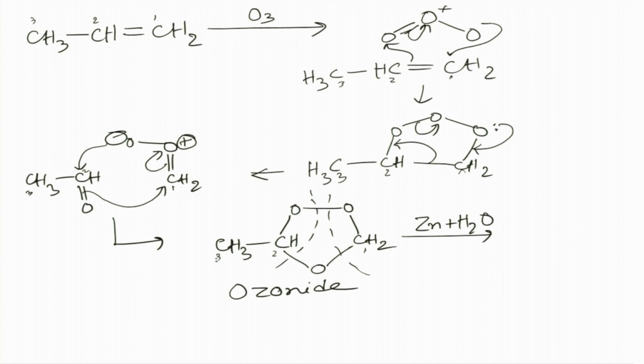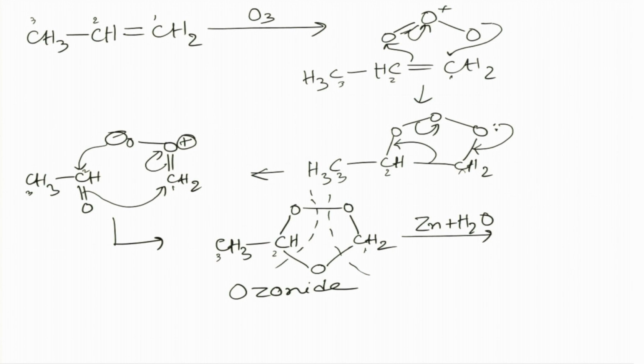So the carbons which were containing the double bond will get one oxygen each, and now they will form a double bond with the oxygen, and the carbon-carbon bond has already broken.